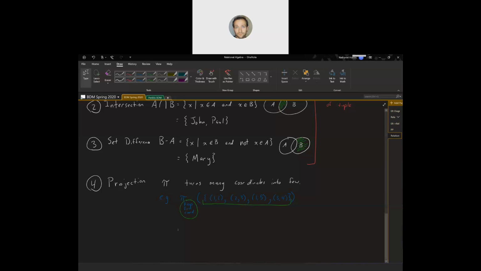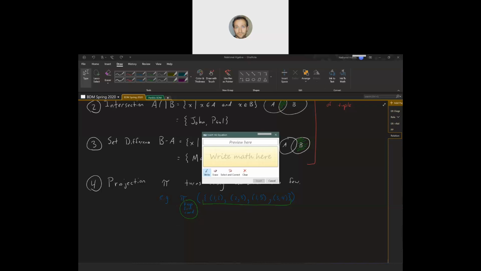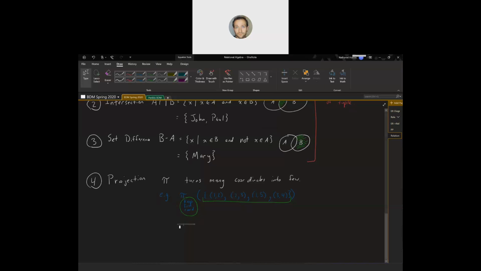If you were to type this, then you can type it this way.